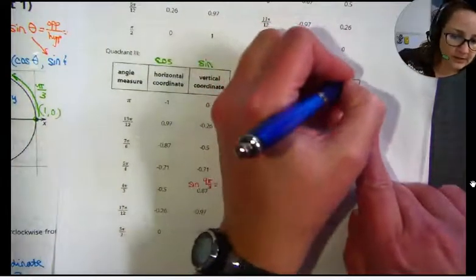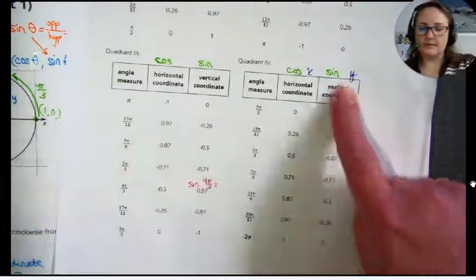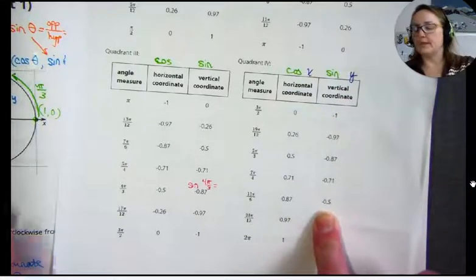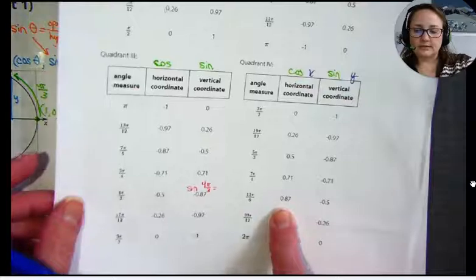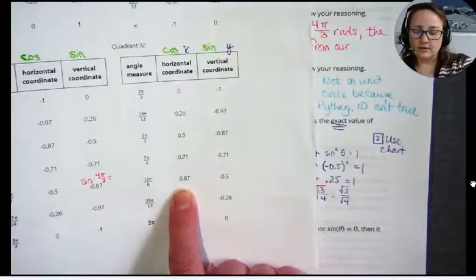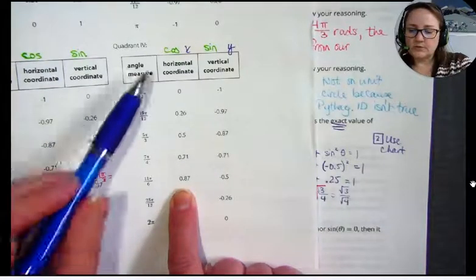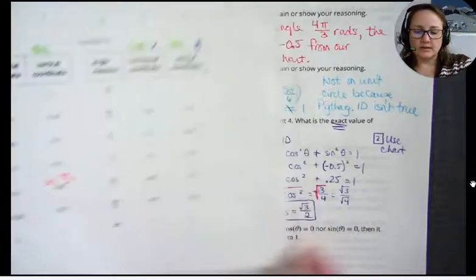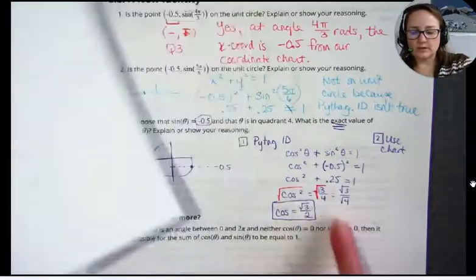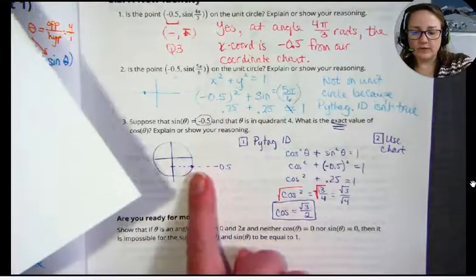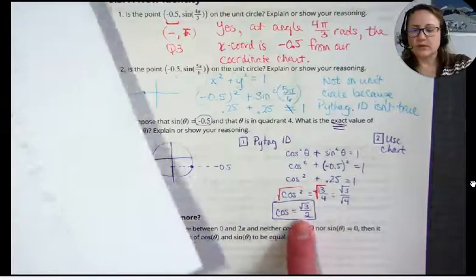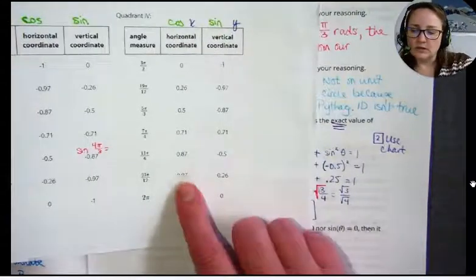Remember, sine is our y, that's our x, of negative 0.5. And I see that our cosine value has to be a positive number. It actually has to be positive 0.87. I think I forgot to mention that here, that I know since it's in quadrant 4 that I have to have a positive cosine value, right? So it has to be that positive root 3 over 2.